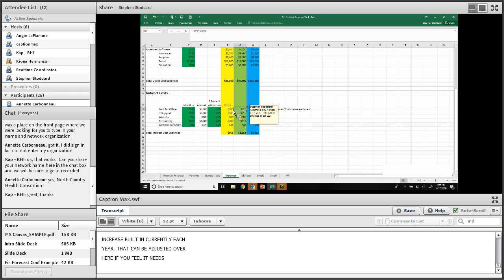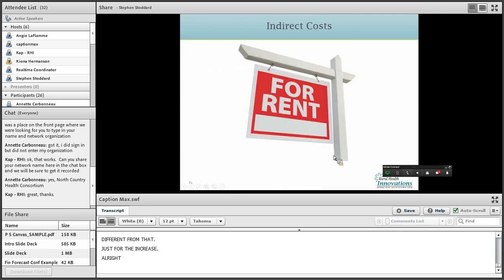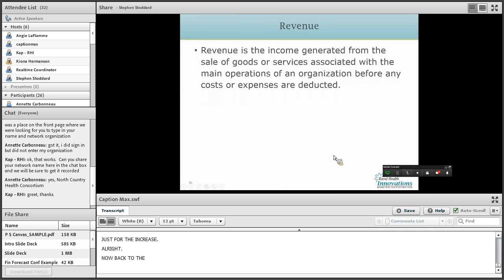We've got indirect costs. You can list those out. You can obviously adjust and change those, what the monthly amounts are, and then annualized, and then a percentage allocation. Again, you can base that on what your projected revenue is for this particular product or service compared to the whole organization, your whole network.